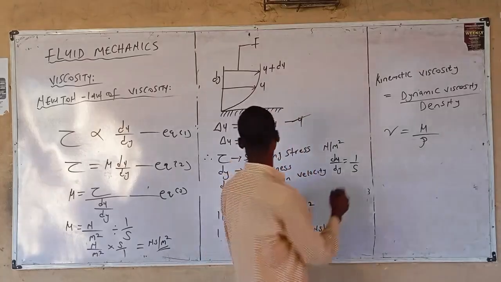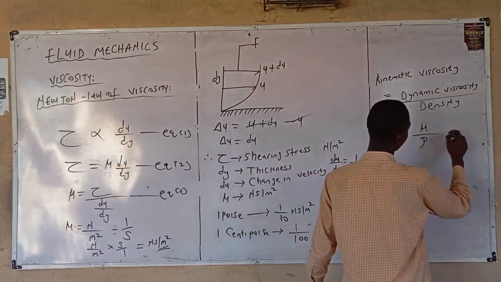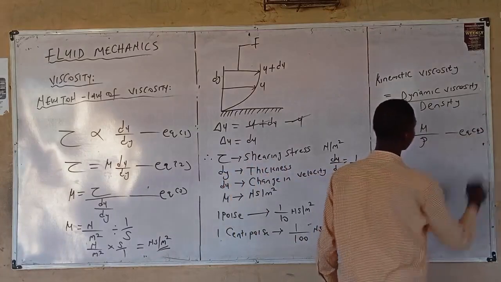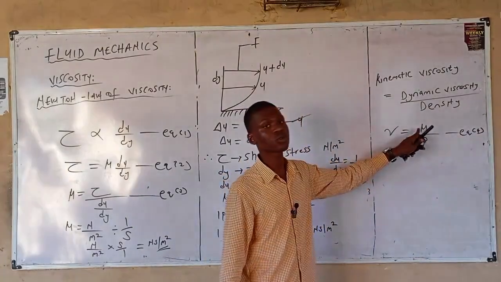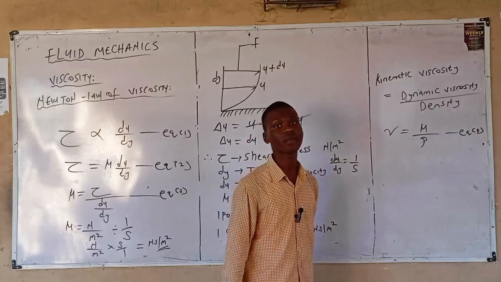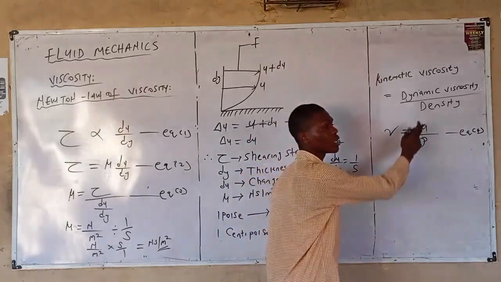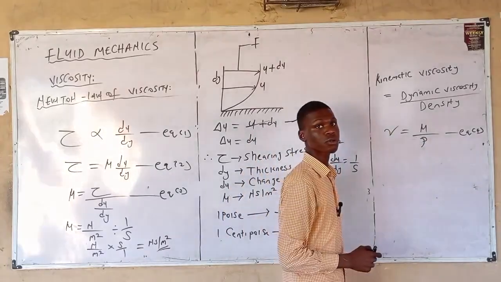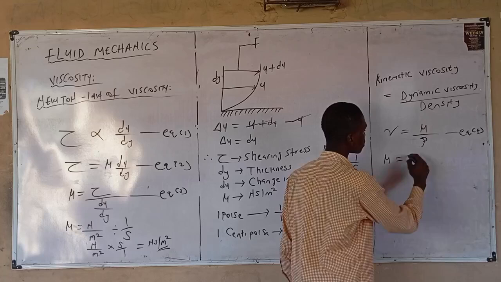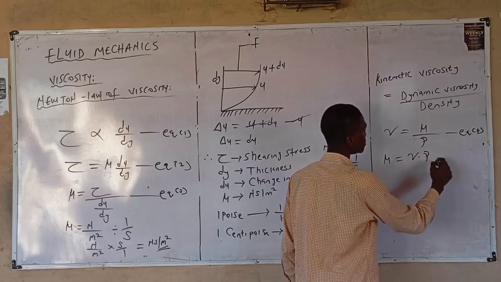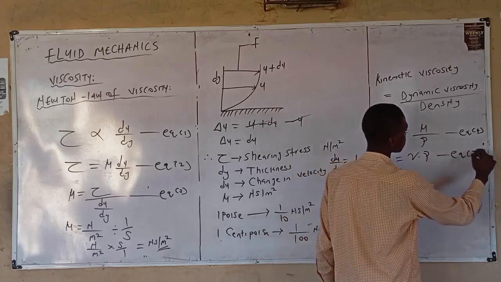Call this equation 4. From equation 4, kinematic viscosity is equal to dynamic viscosity divided by density. Meaning, you can make dynamic viscosity the subject of the formula by saying that dynamic viscosity is equal to kinematic viscosity times density. Call this equation 5.